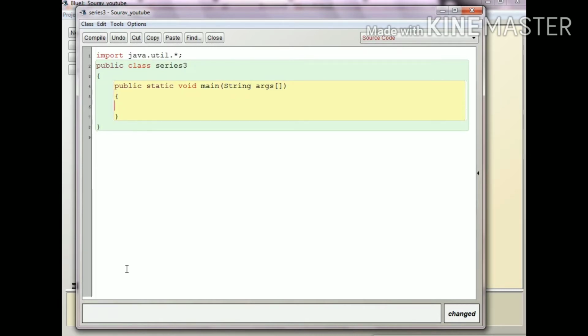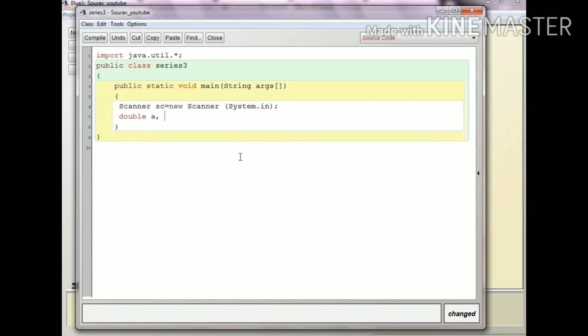Scanner s equals new scanner system dot in. Now I declare double type variables, double A and N, and I also need sum equals 0.0.